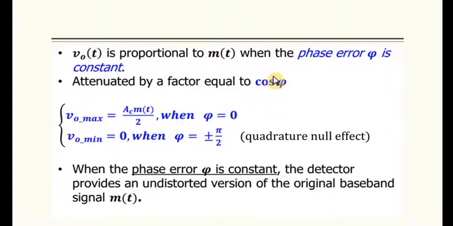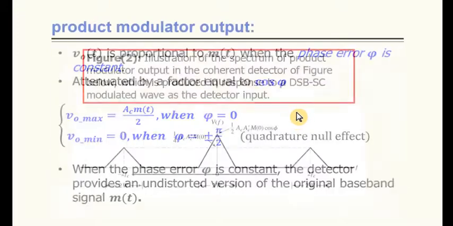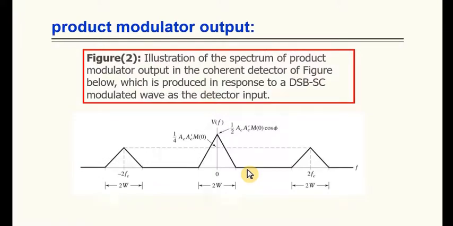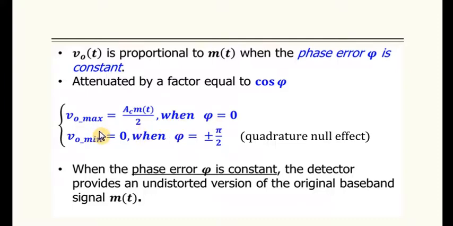V out of t will equal AC M of t over 2 when phi is equal to 0, as we have seen in the previous explanation. If phi is equal to 0, then cosine 0 is equal to 1, and 1 multiplied by this gives us the same value. This is when V out will be maximum.